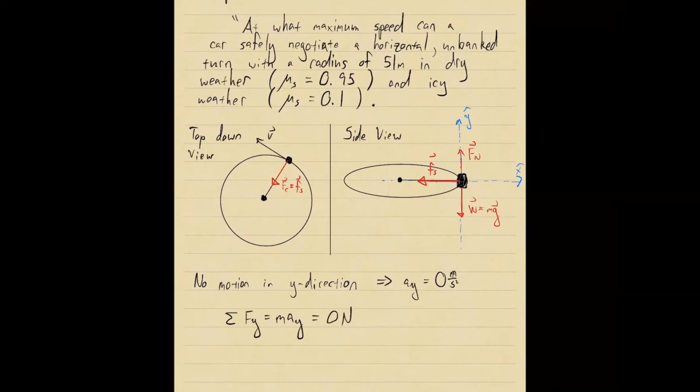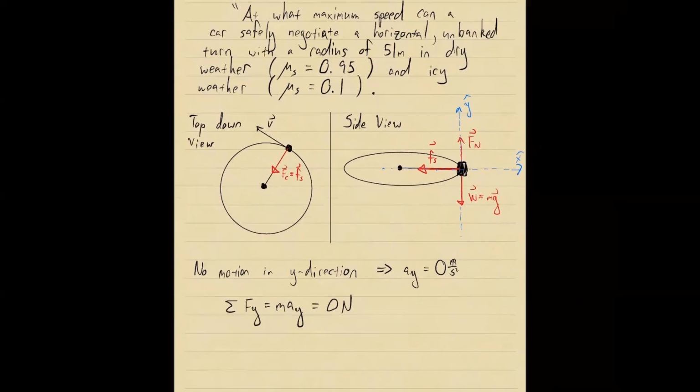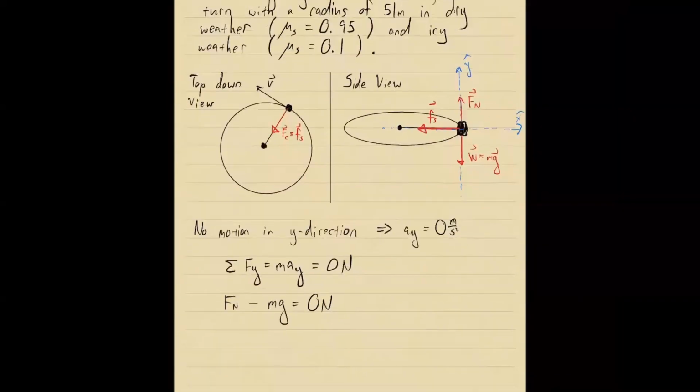But we've already said that has to be 0, so the right-hand side has to be 0, which means that the left-hand side, the sum of the forces, has to be equal to 0 also. So we have the normal force pointing in the positive y direction, so it's a plus sign. And then we have the weight, mg, pointing in the negative y direction, so it gets a minus sign. And those are all the forces acting on our car in the y direction. So that's going to be equal to 0 newtons. And we see that the normal force on our car is just equal to the weight of the car. Right? The magnitude of the normal force is equal to the magnitude of our weight.